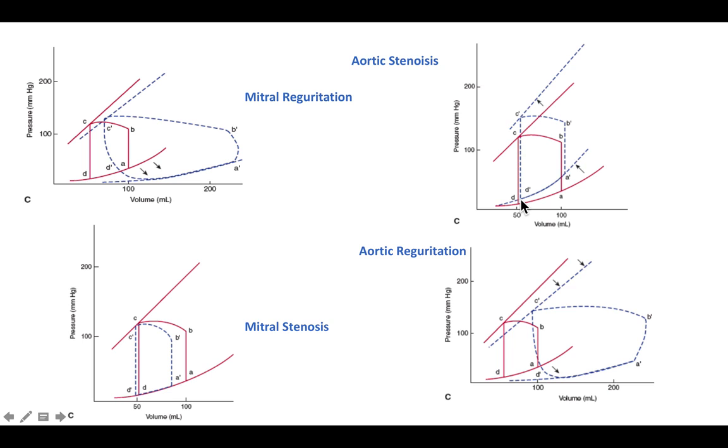That leaves you with a higher end systolic volume. That means that after normal filling, you've got a higher end diastolic volume here, which means you've got a higher preload. You generate more pressure and exceed that aortic pressure, and then you've got your stroke volume here. So as opposed to the mitral stenosis, you actually have a little bit of a higher preload because of the homeometric autoregulation that's going on, okay?